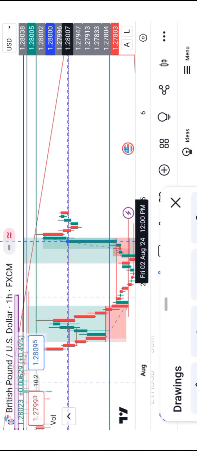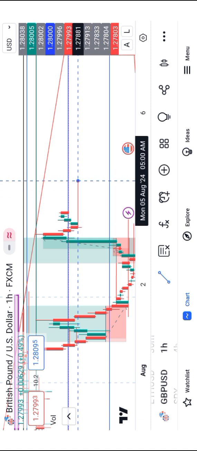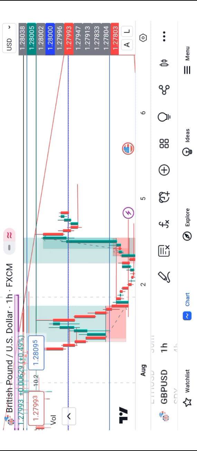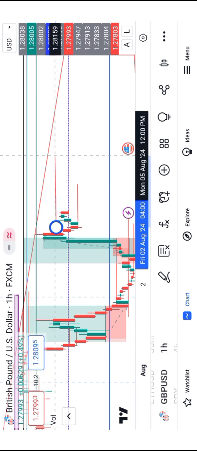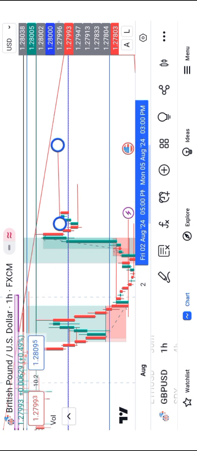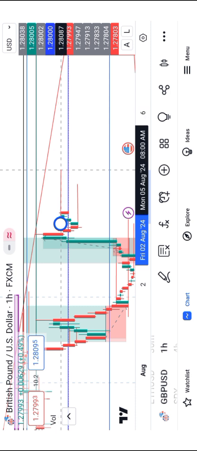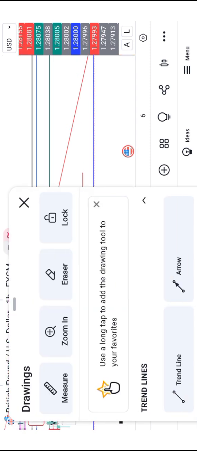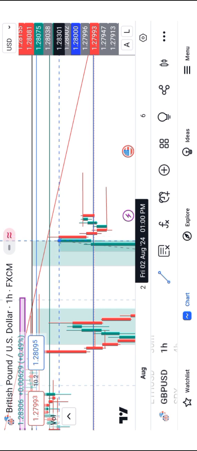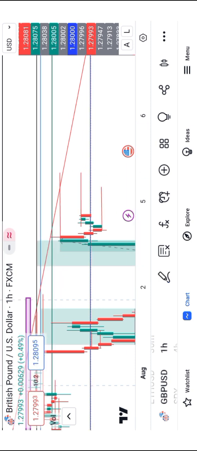Because this is Friday, I can just put here my low, then I put another one here, then I will now put the big one, which is the highest high price got to today. These are key zones.